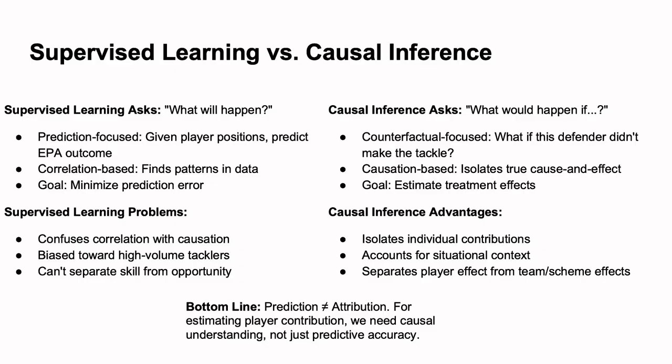Some key advantages are that it isolates individual contributions, accounts for situational context, and helps to separate player effects from team effects. The bottom line is that prediction is not the same thing as attribution. For estimating player contributions, we need causal understanding, not just predictive accuracy.